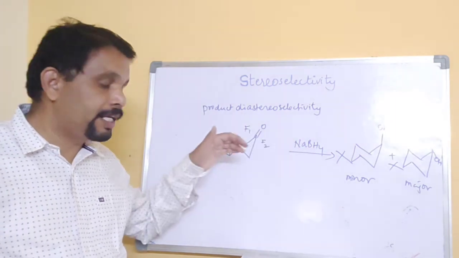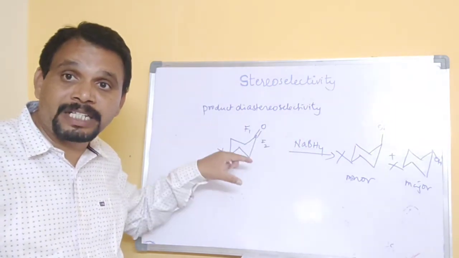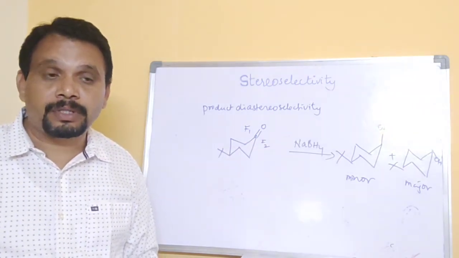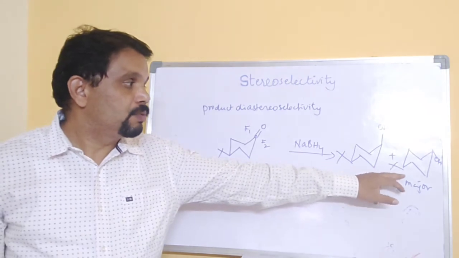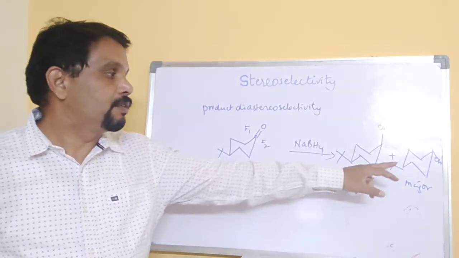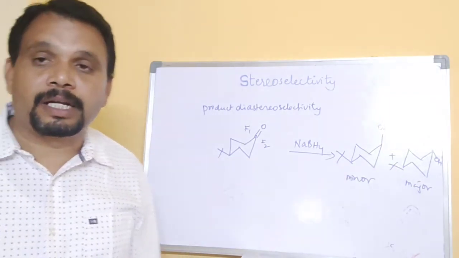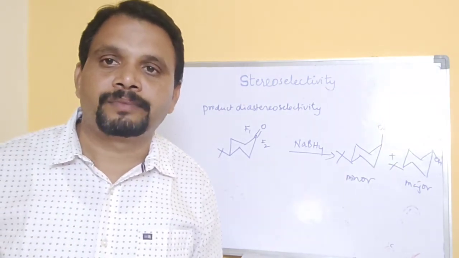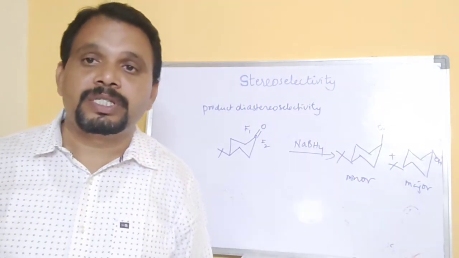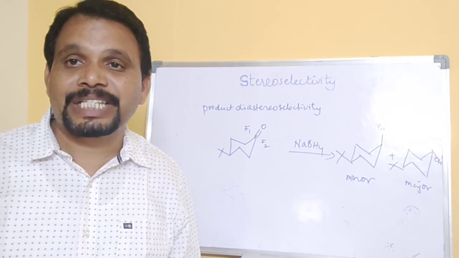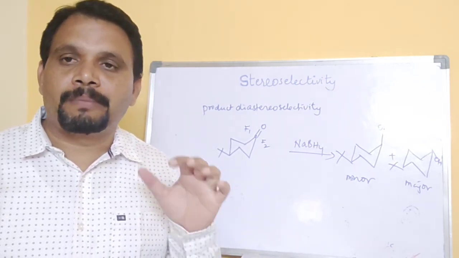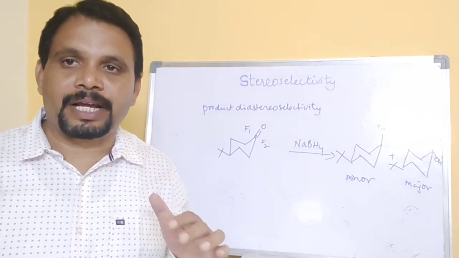If the reaction takes place from the front side, the other diastereomer is formed. This is the more stable diastereomer, therefore it forms predominantly in this reaction. So this is about product diastereoselectivity, and this reaction is called a product diastereoselective reaction.